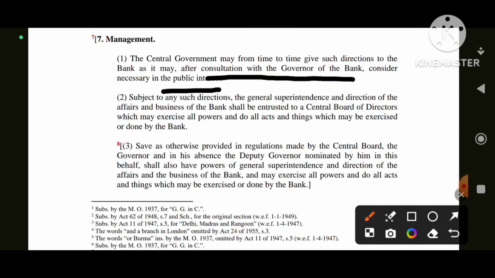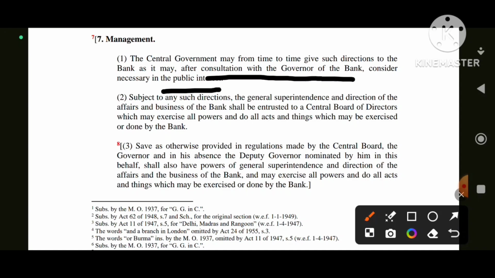Next subsection is, subject to any such directions, the general superintendence and direction of the affairs and business of the bank shall be entrusted to a central board of directors, which may exercise all powers and do all acts and things which may be exercised or done by the bank.